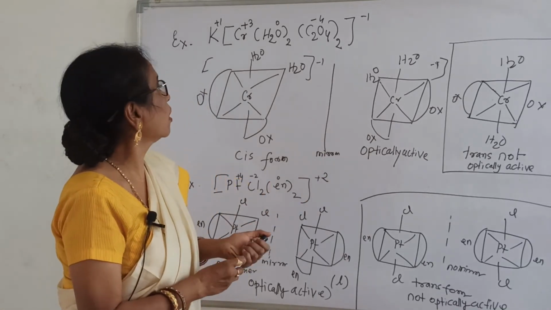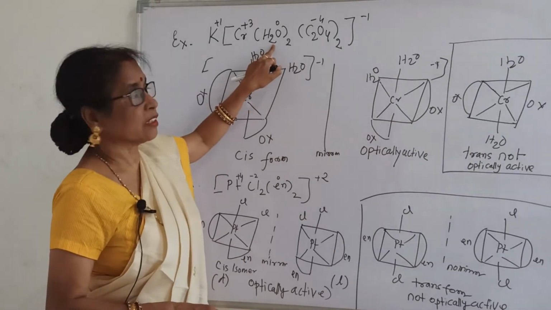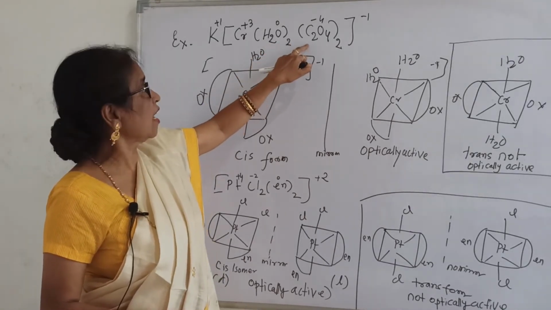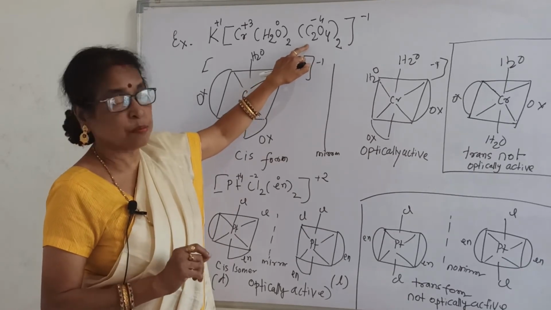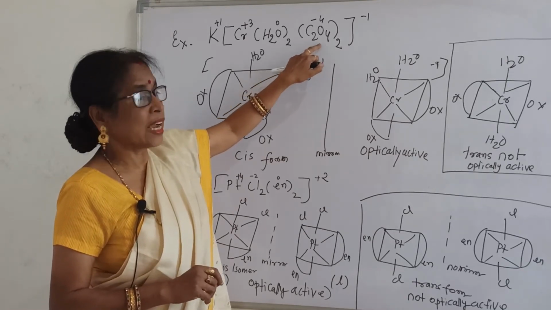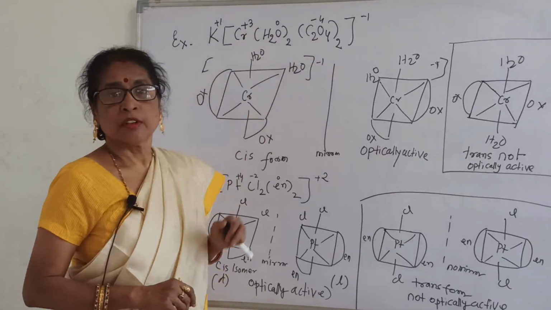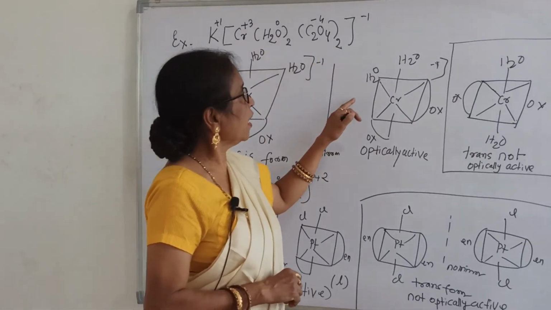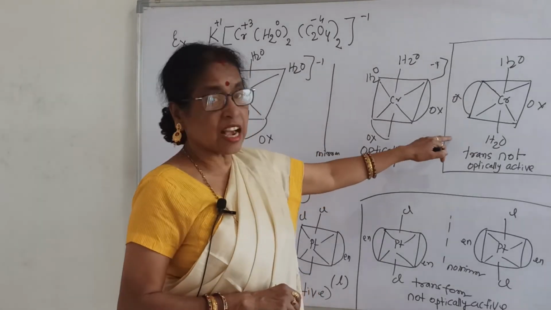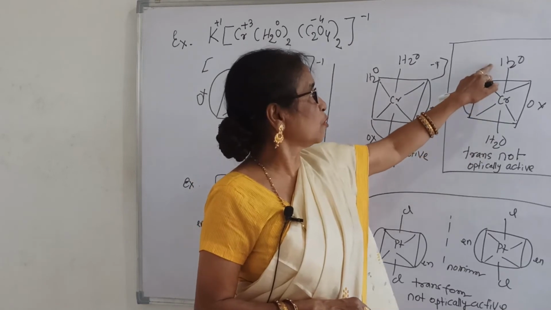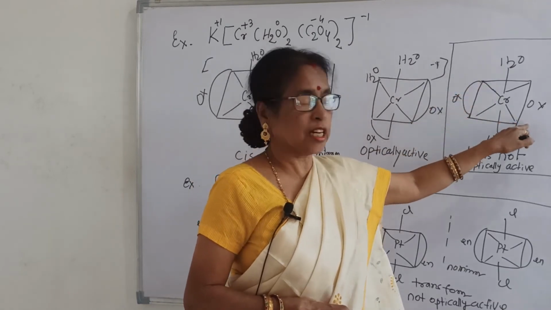Which one? Cis isomer. So what is the name here? Dioxalato. It is not bis, it is a simple ligand. So dioxalato chromate(III). Now here, if you say trans isomer, opposite to each other, water is opposite to water, oxalato opposite to oxalato.